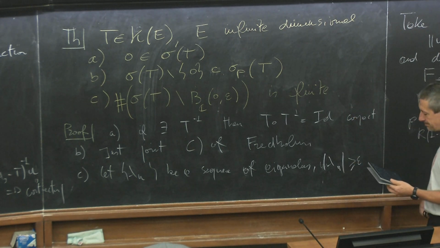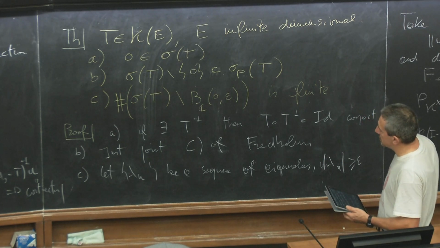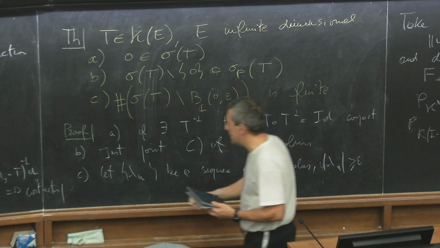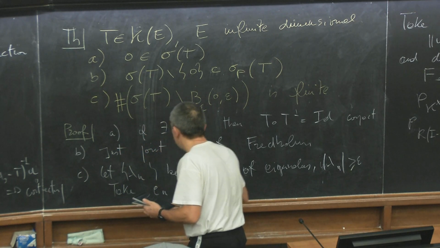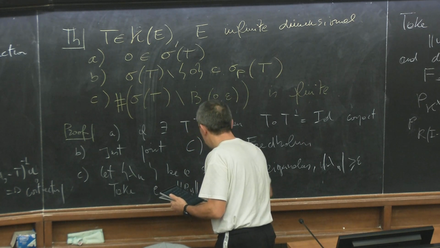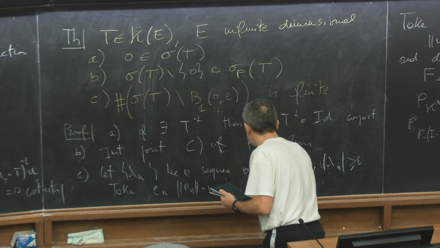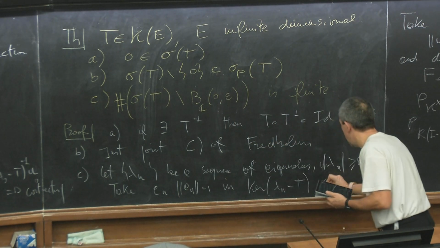Doesn't matter. So now it turns out that I can take En, which is in the kernel, norm of En equal to 1 in the kernel. So these are eigenvectors.